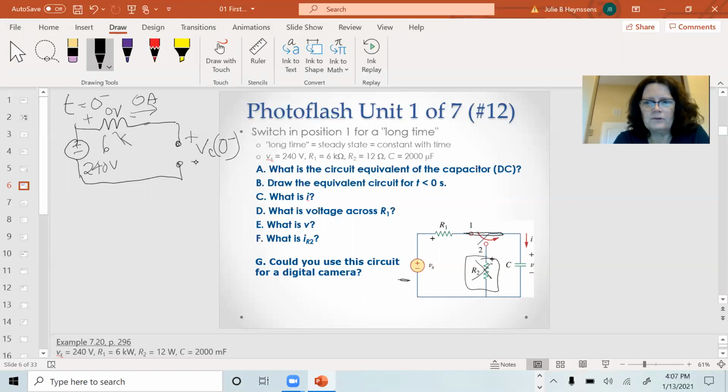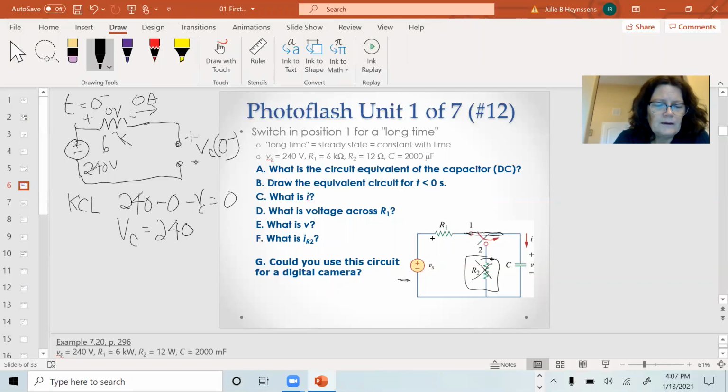The sum of the voltages around the loop equals 0. It's just KVL. 240 minus 0 minus VC equals 0, which means the voltage across the capacitor is also 240 volts. So we've solved for VC of 0 minus.